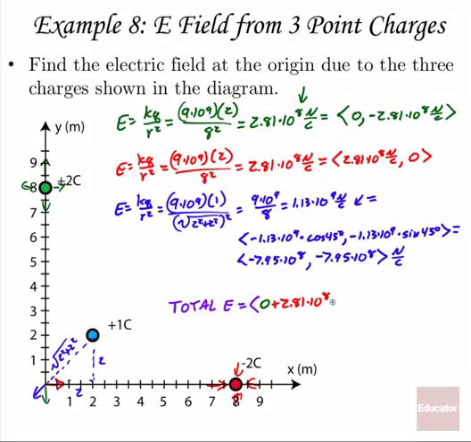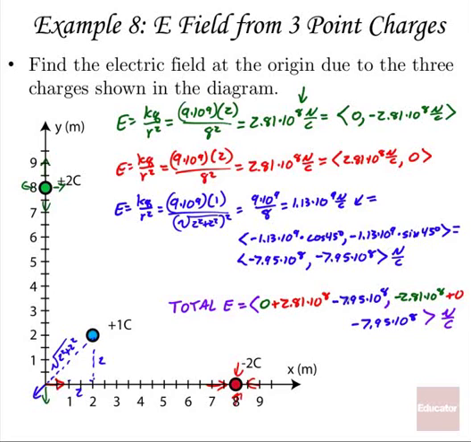And I have negative 7.95 times 10 to the 8th from my blue charge. So that's the x component. The y component, I have negative 2.81 times 10 to the 8th from the green, plus 0 from the red, and minus 7.95 times 10 to the 8th from the blue. And again, all of that's newtons per coulomb.